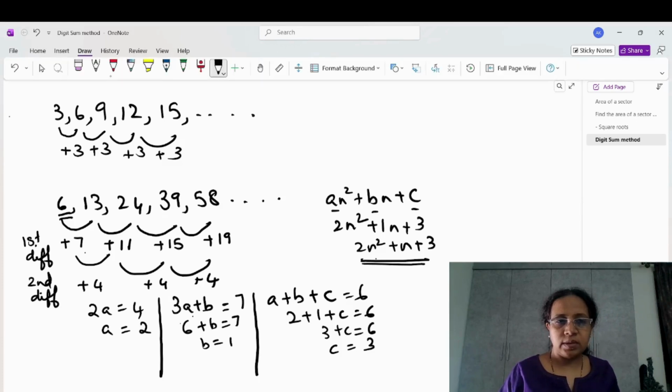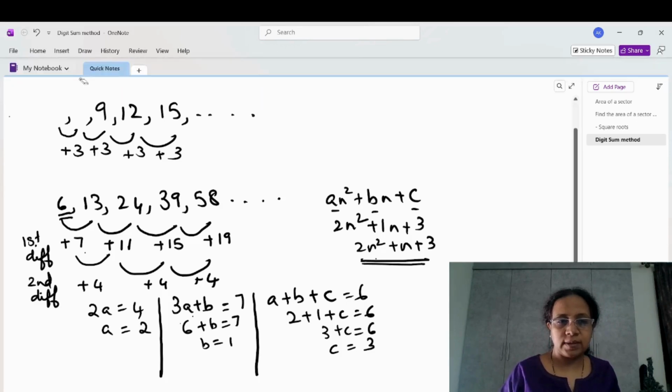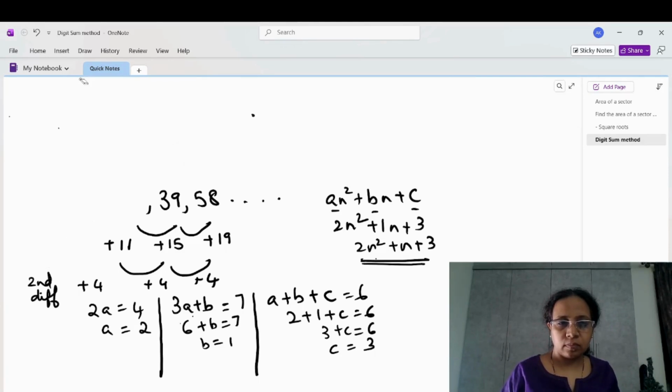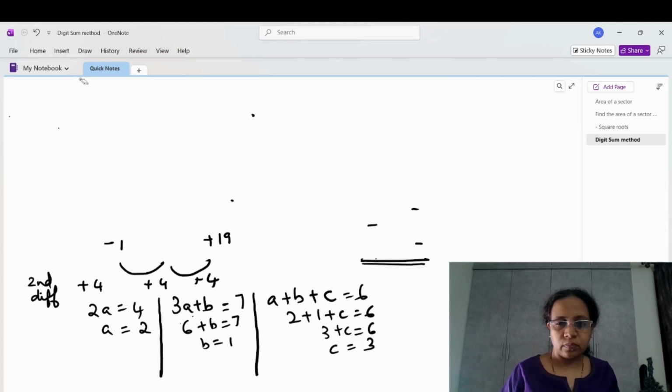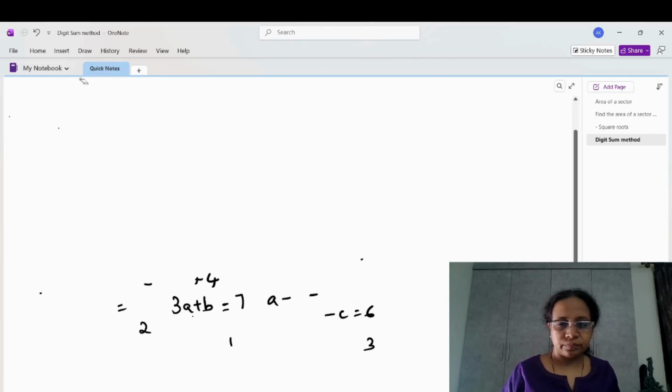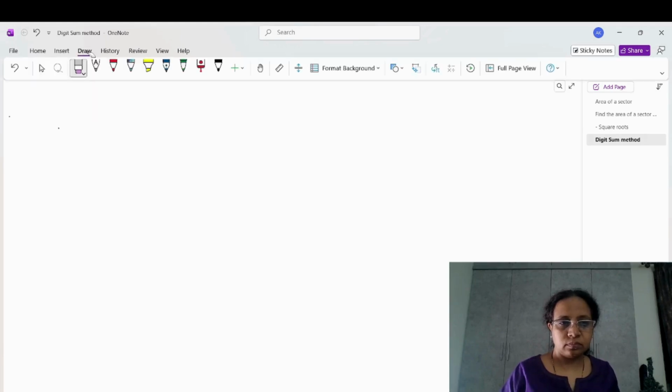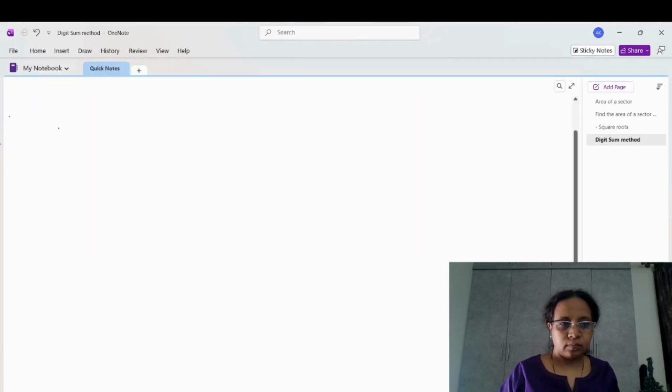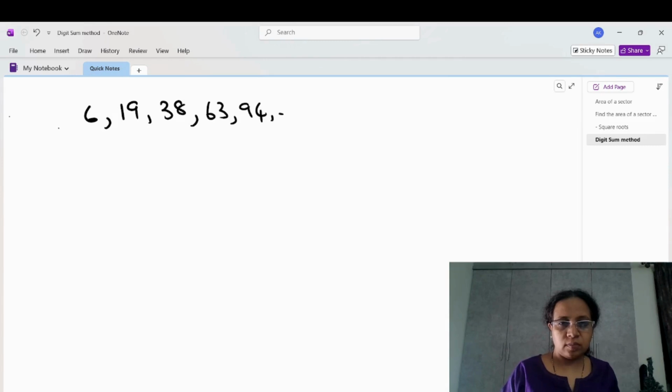Let's look at another quadratic sequence. 6, 19, 38, 63, 94 and so on.